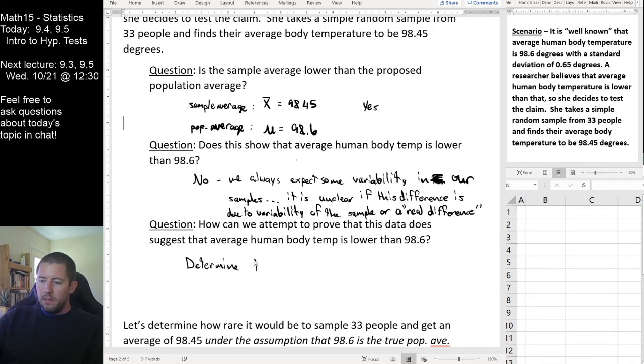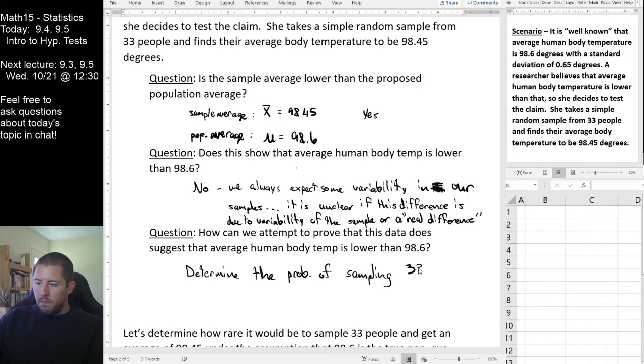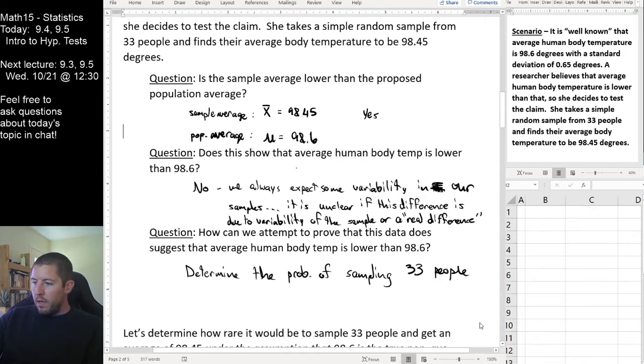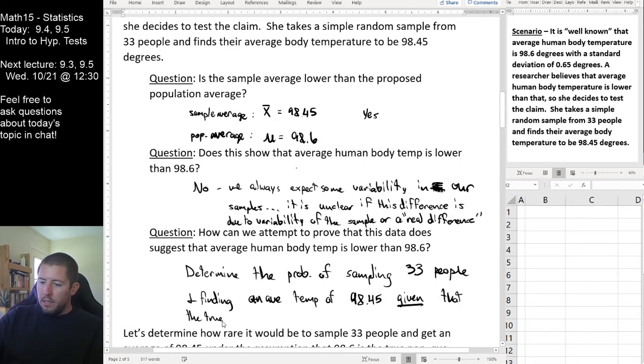Let's determine the probability of sampling 33 people and finding an average temperature of 98.45, given that the true average is 98.6.